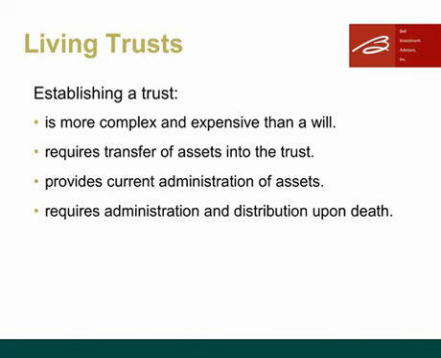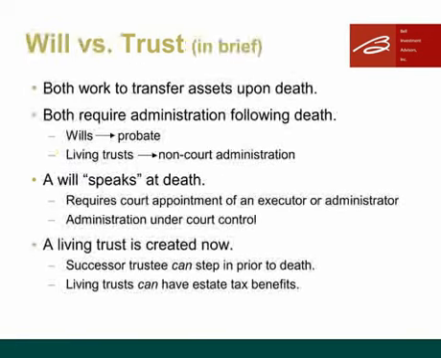But both of these methods, whether you're using a will or using a trust, require some administration. If it's a will, it generally will have to go through the probate process. If it's a living trust, the administration of that trust generally will take place outside of the courtroom, unless there's a problem or an issue, in which case the trustee can always bring that trust into court to address issues.